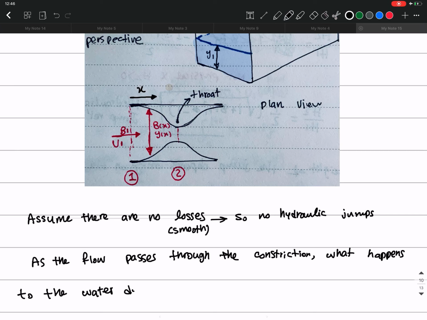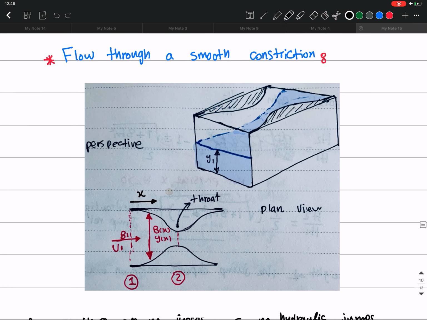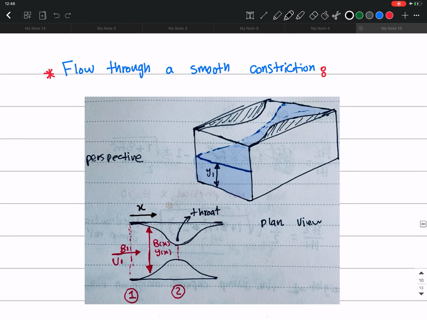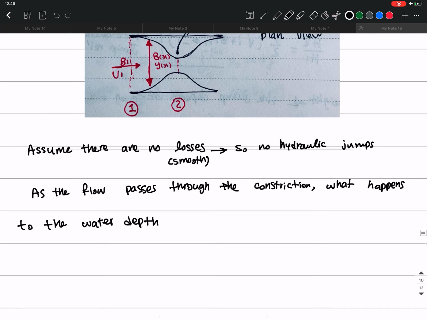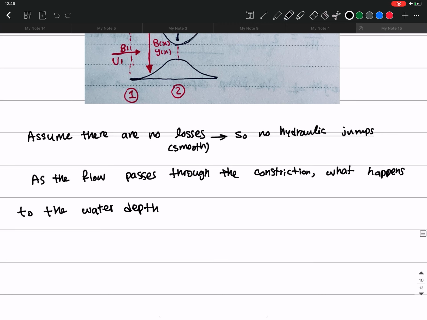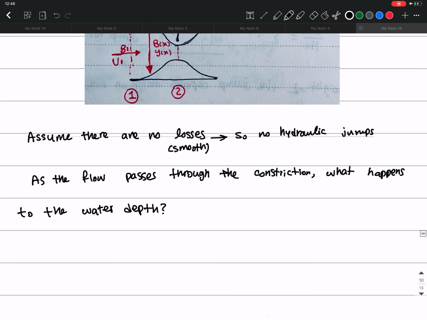Is it going to increase? Is it going to decrease? As the flow goes over this constriction, what happens to the water depth, right? The initial water depth is y1. You want to know what happens as it goes there. Is it going to increase or is it going to decrease? So this is the question we have, and we want to answer this question.